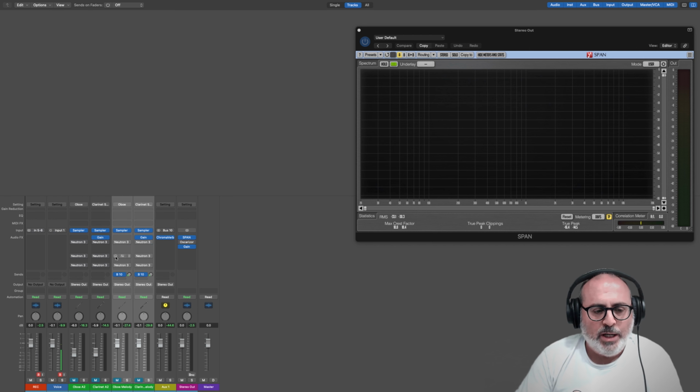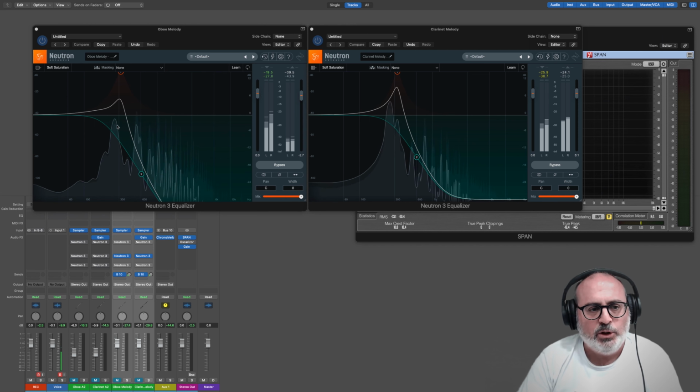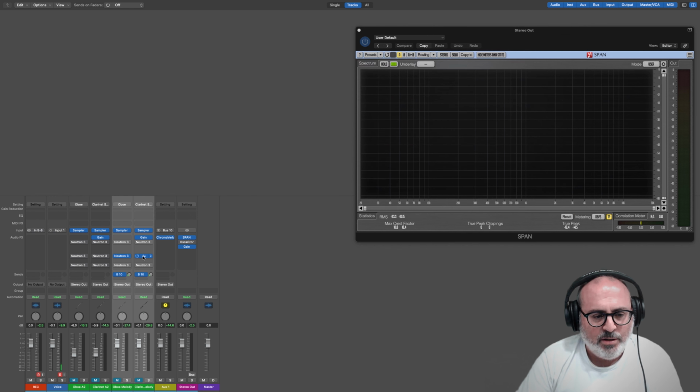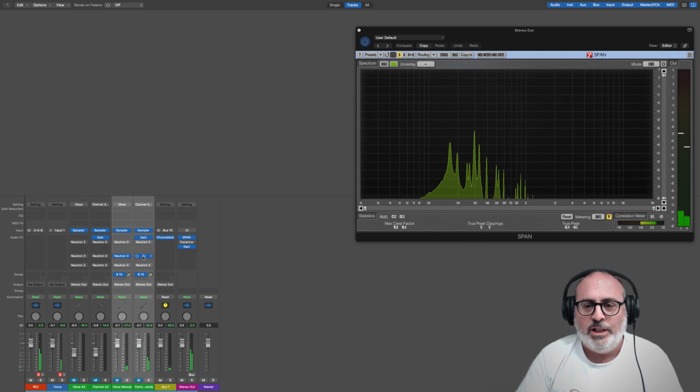Let's now listen to what happens when we do the second type of enhancement. So we cut a lot of the harmonics and we enhance the fundamental, but we still keep some of the harmonics in the game. So that's definitely better.